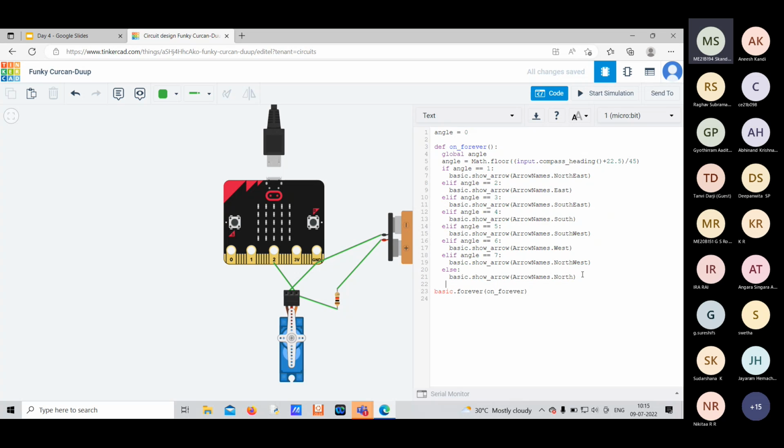So we need to mimic the behavior on this micro:bit controller board's display onto your servo motor. I mean, the particular direction that we have assigned so far onto your servo motor. So let me take a variable whose data type need not be defined in MicroPython as the value that is being given as input by your compass.